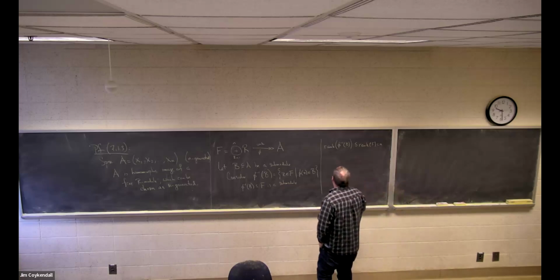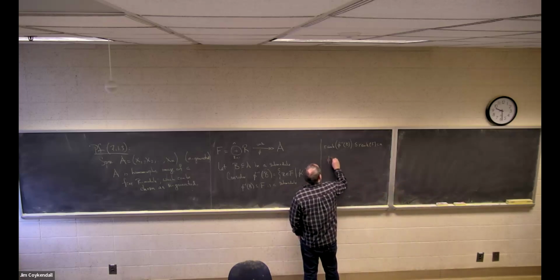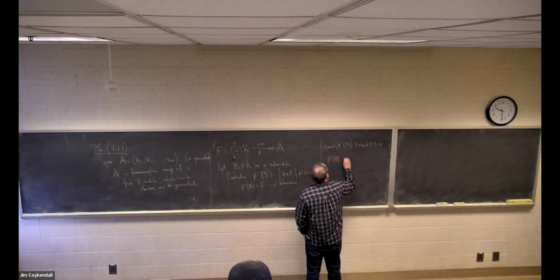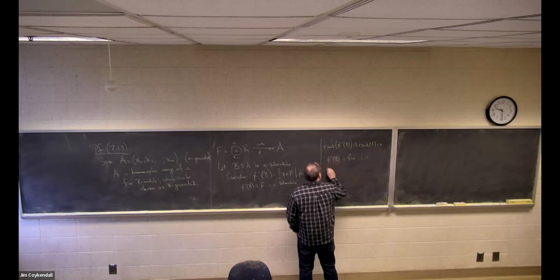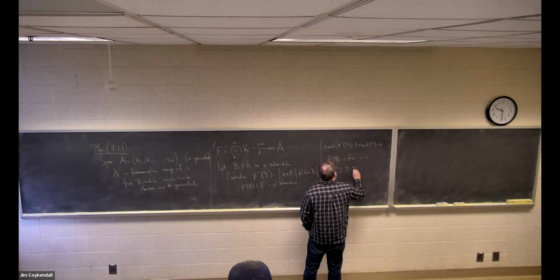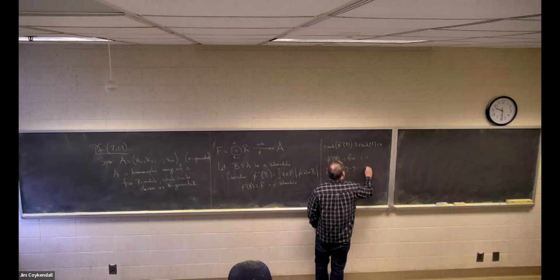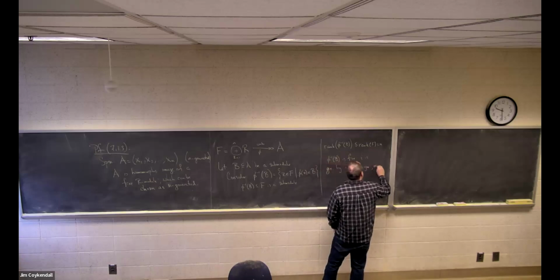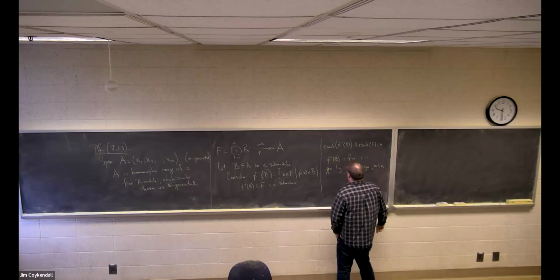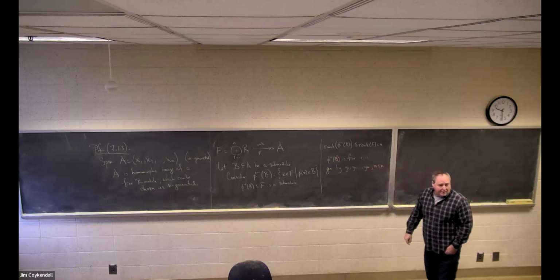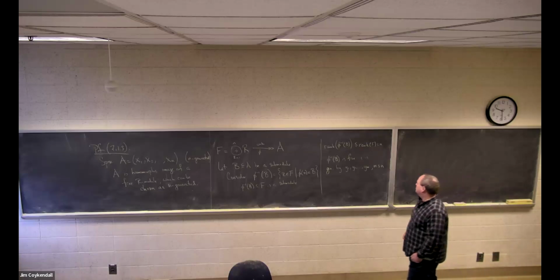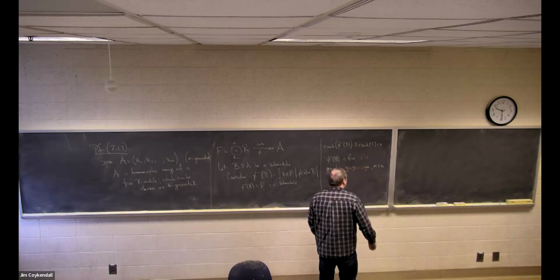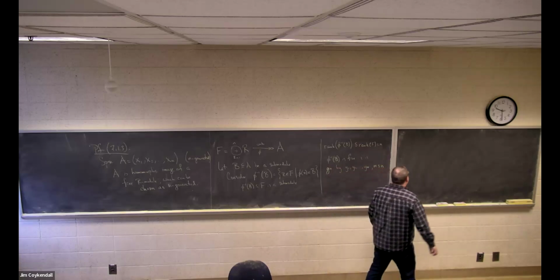So this means it is free and generated by, say, Y1, Y2, up to Ym, with m less than or equal to F. So let's finish off this claim.